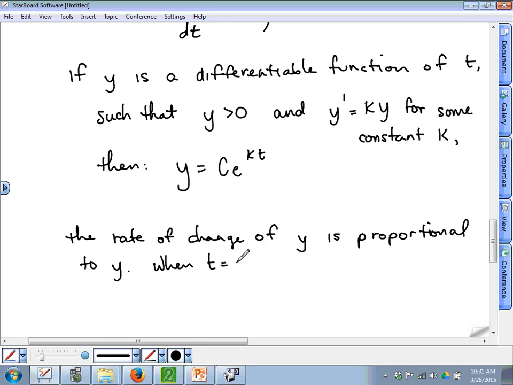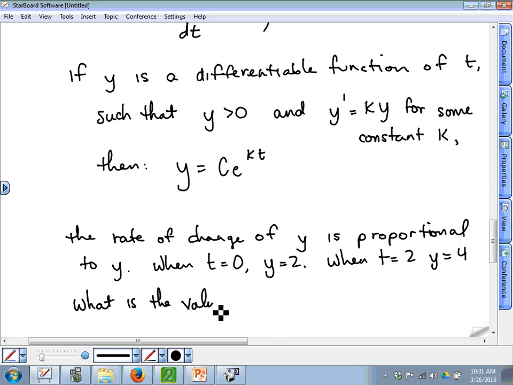When t equals 0, y equals 2. When t equals 2, y equals 4. What is the value of y when t equals 3?